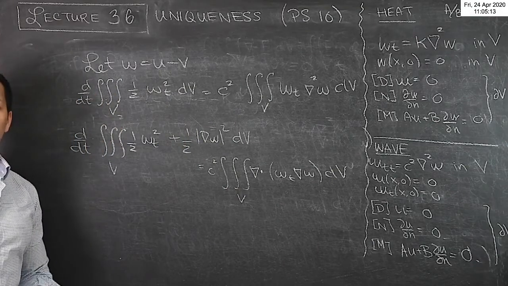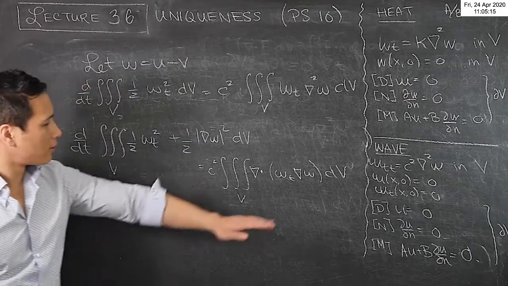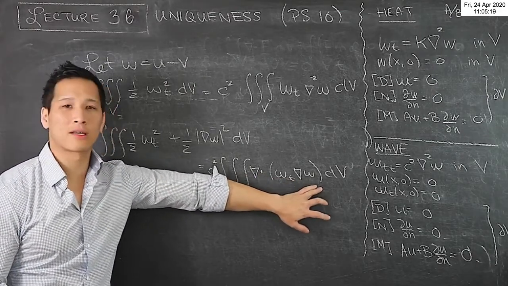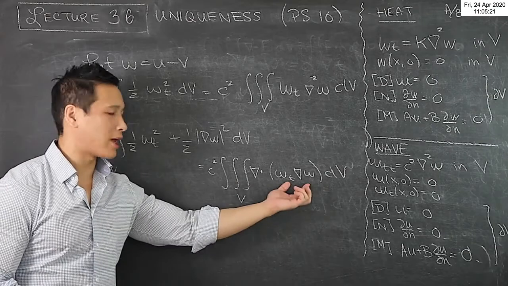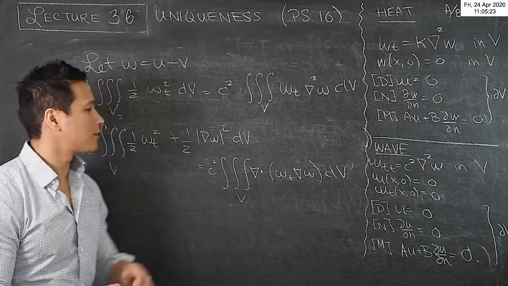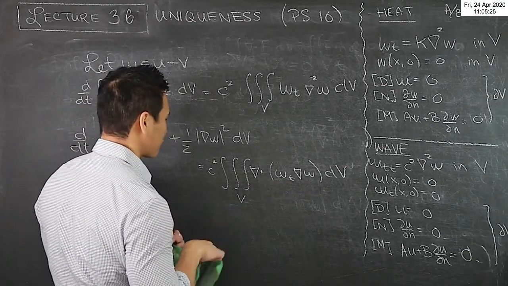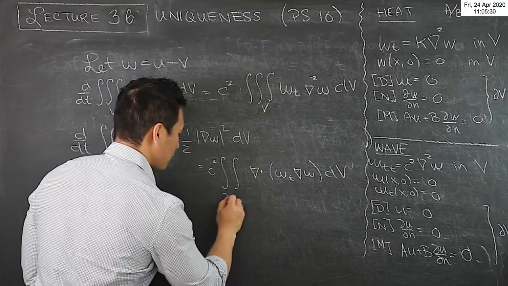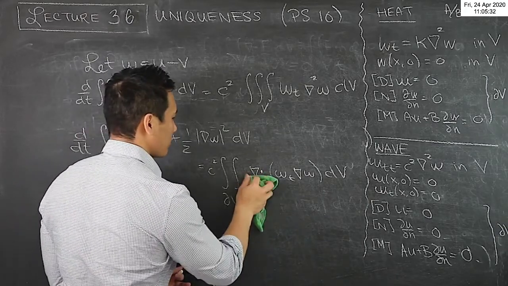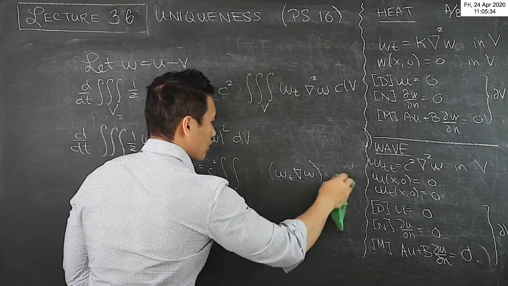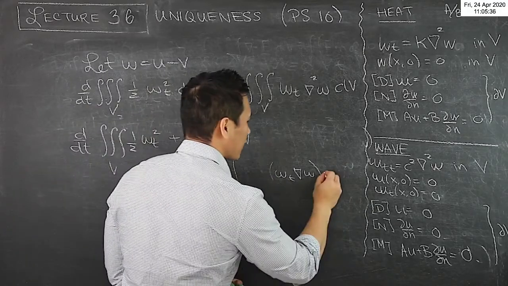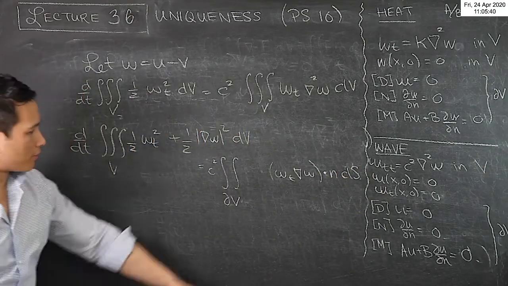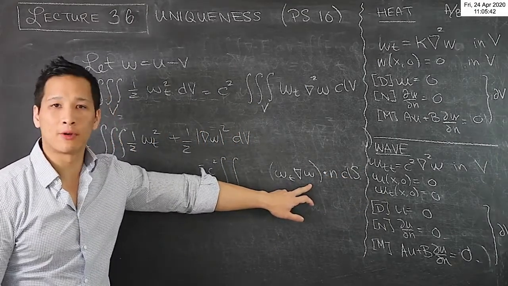Right, good. So now we're ready to apply the divergence theorem. You have the divergence of a vector field dV. This is then converted to a surface integral of F dot n dS. So you remove one of the integral signs, convert this to dV, and this is your F dot n dS. Then this you recognize as dw/dn.